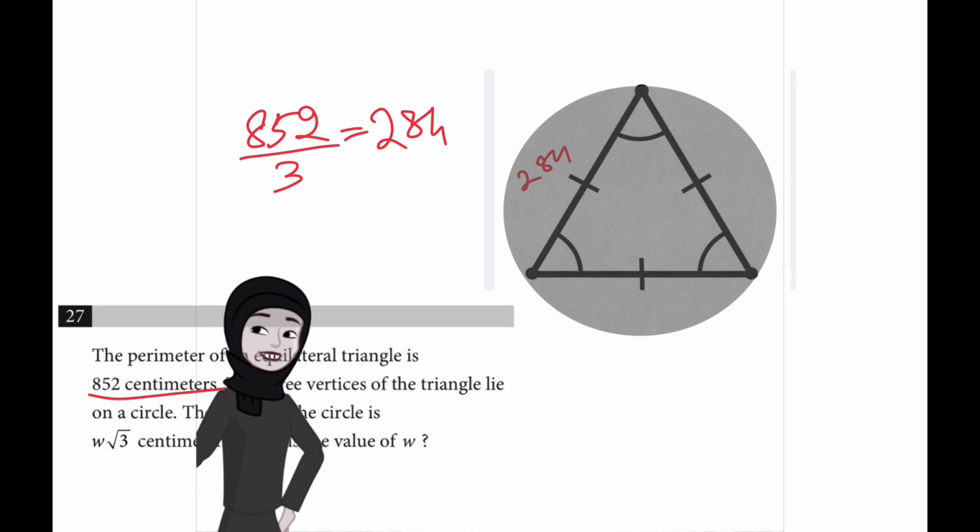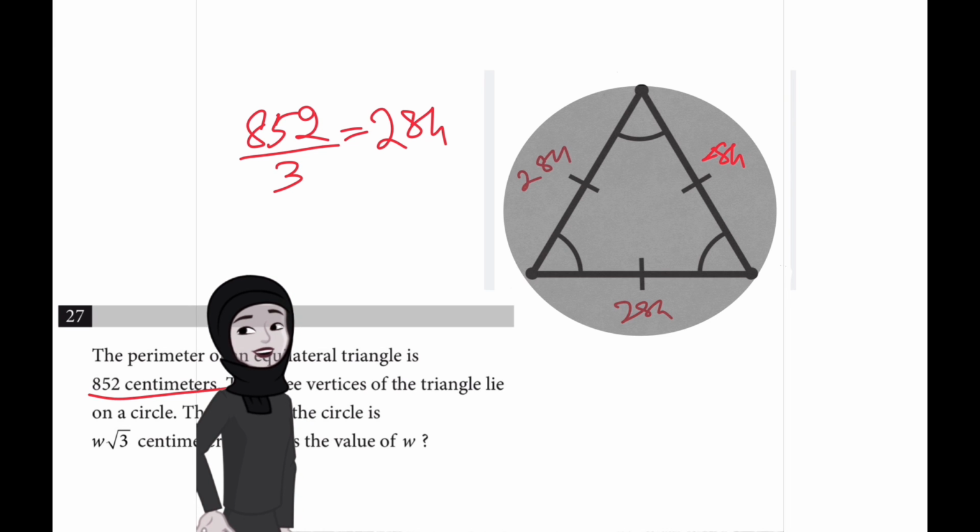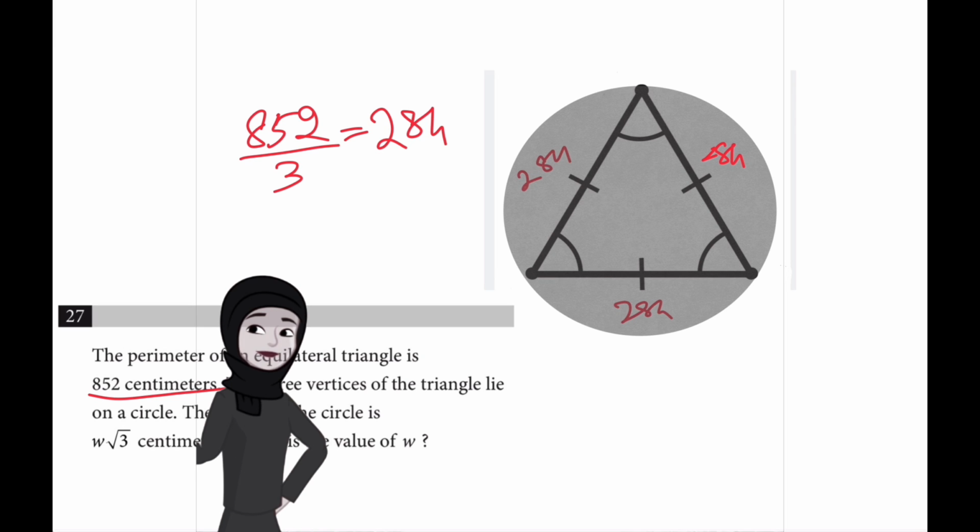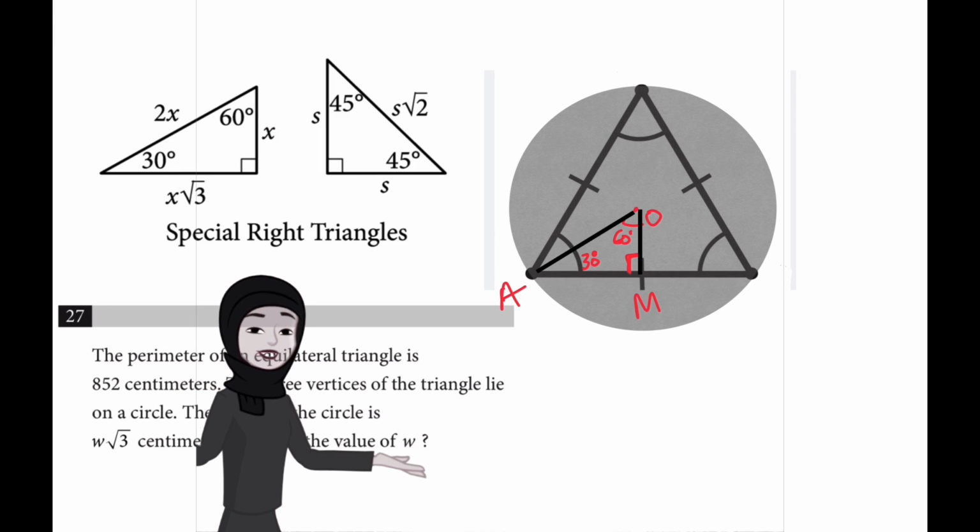So each of these sides is 284, 284 and 284 centimeters.